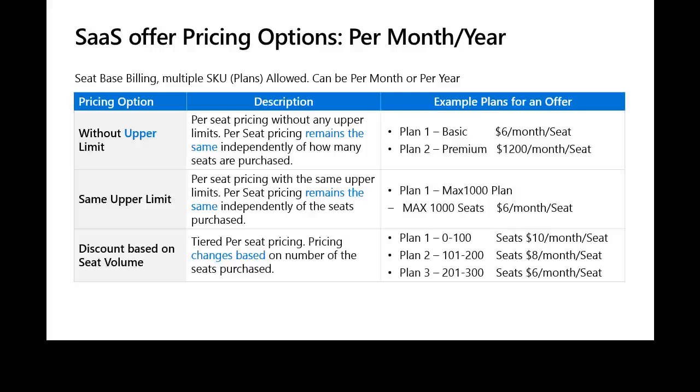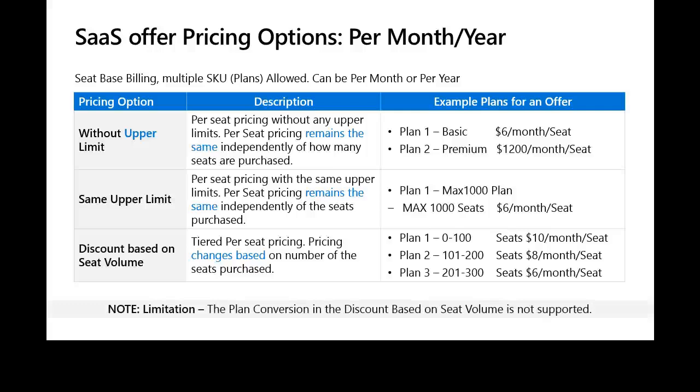And then you can have a plan 2 that is from 1,001 to 5,000, then it's $5 per month. So cheaper if you have more seats being used by your end customer. And the last part is a discount based on seat volume, very similar to what we're explaining, the 1 to 100, the 101 to 200, etc.